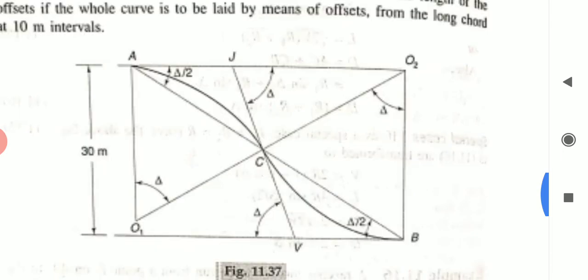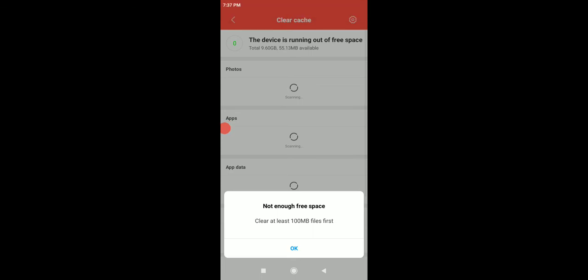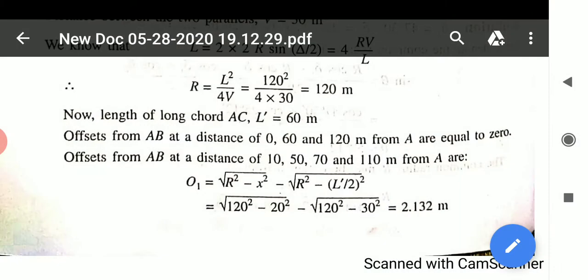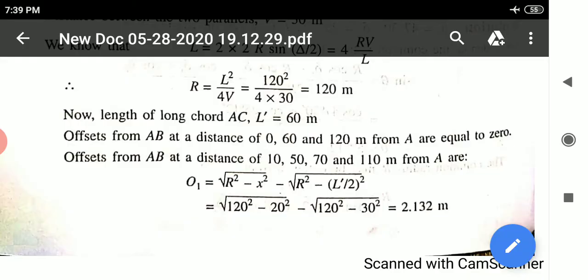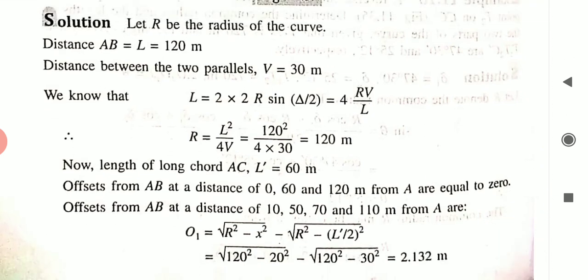So L equal to 4R sin delta by 2. Then the R formula we know when R1 equal to R2.